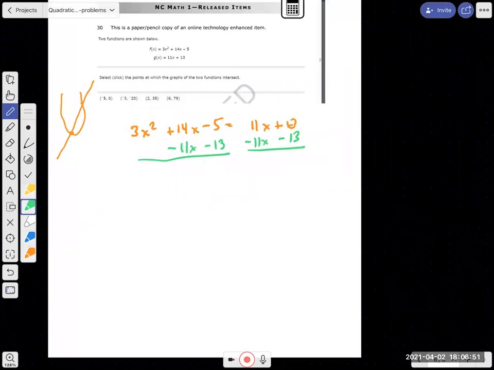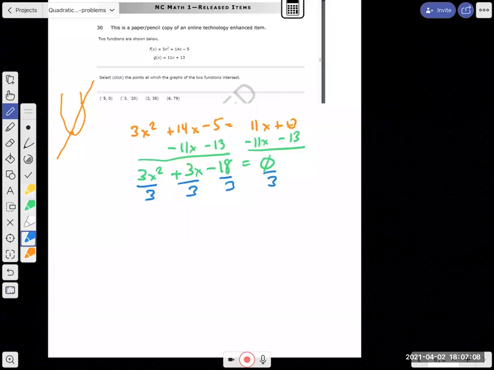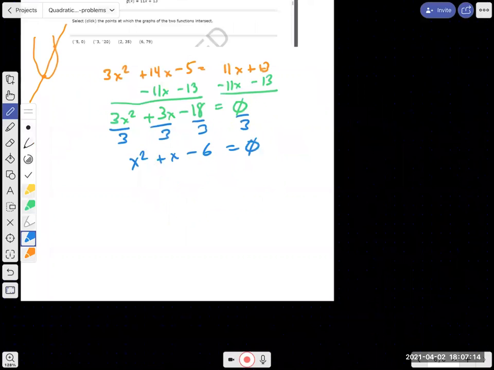And you get 3x squared plus 3x minus 18 equals 0. And then you look and say, well, happy day. These are all divisible by 3. So I can make that a lot simpler. So I go x squared plus x minus 6 equals 0. Okay, so I've got a minus and a plus.